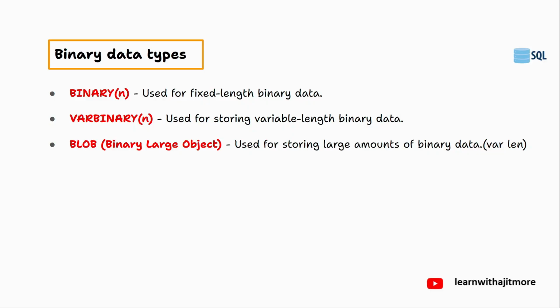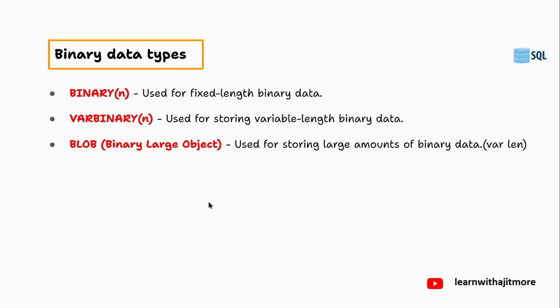Correct? But the facility is given. It's called a binary large object, used for storing large amounts of binary data. So very big audio files or video files are generally dumped using blob. Get it?